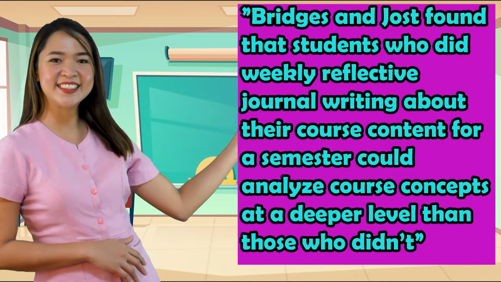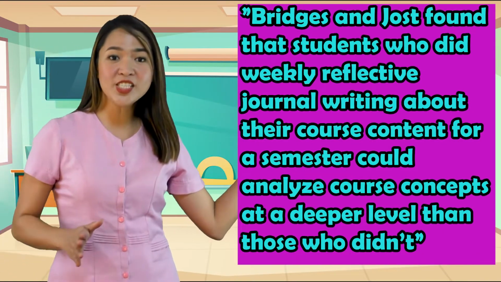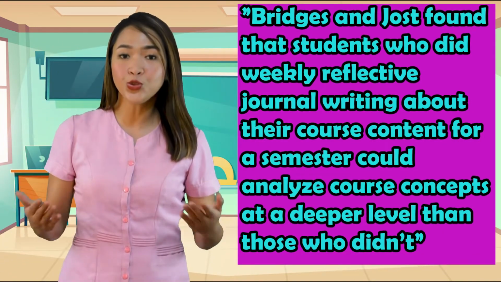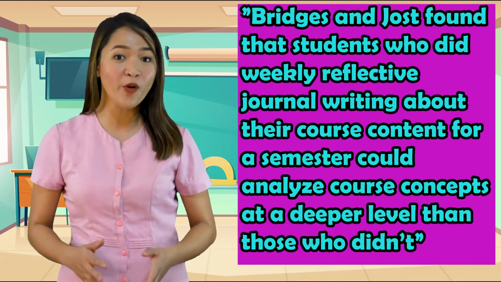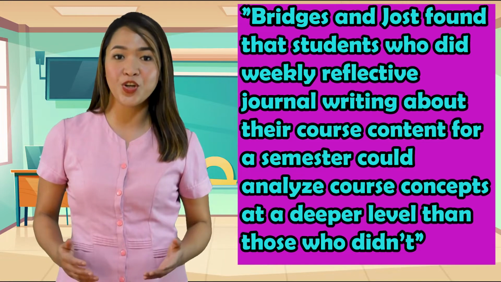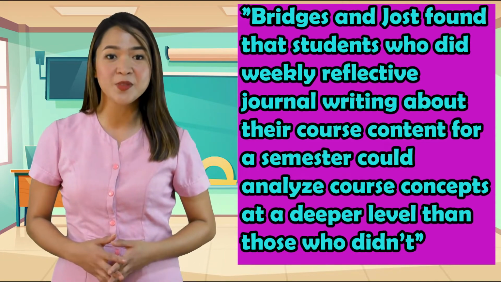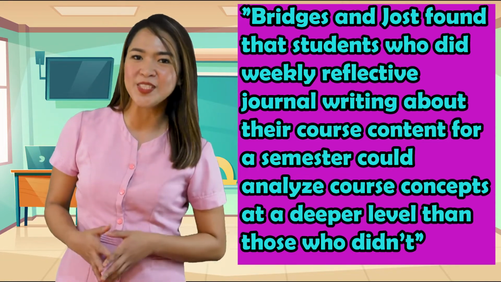Here, we read that Bridges and Jost found that students who did weekly reflective journal writing about their course content for a semester could analyze course concepts at a deeper level than those who didn't. This evidence supports the originally presented claim and its expansion.